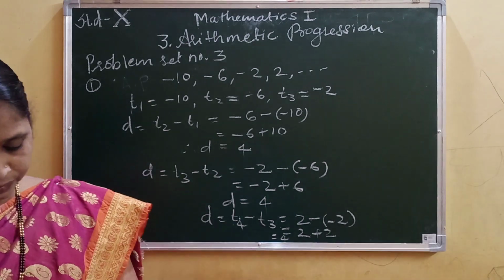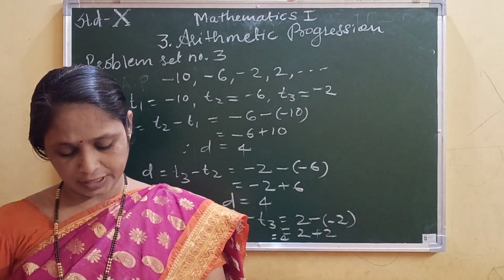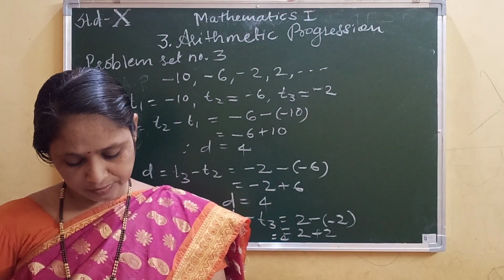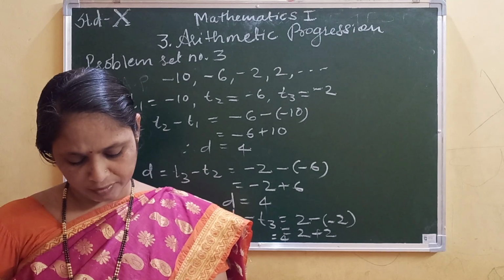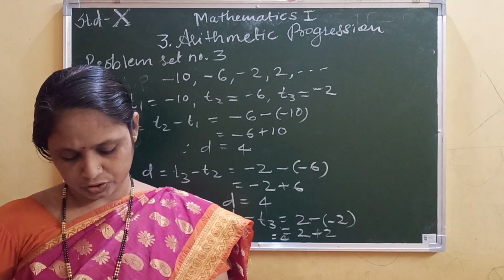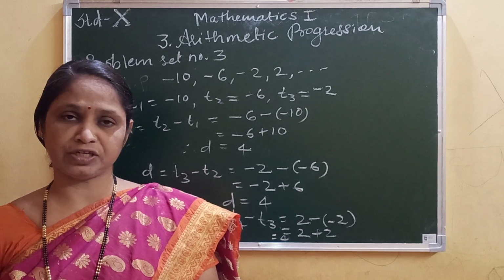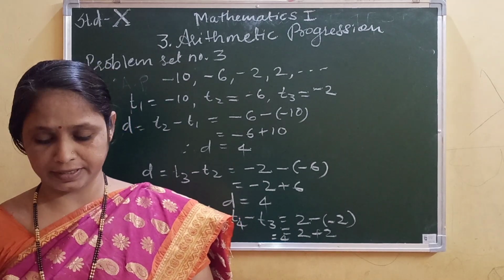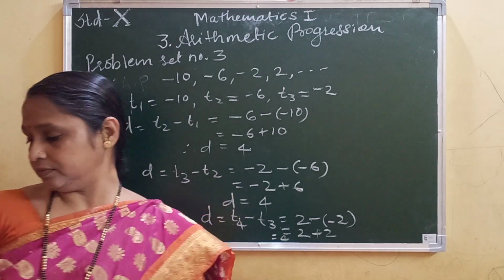Now next see, first 4 terms of an AP are dash whose first term is -2 and common difference is -2. Okay, the first term is given -2 and common difference is also given -2. You have to find an AP. Okay, so how to find?